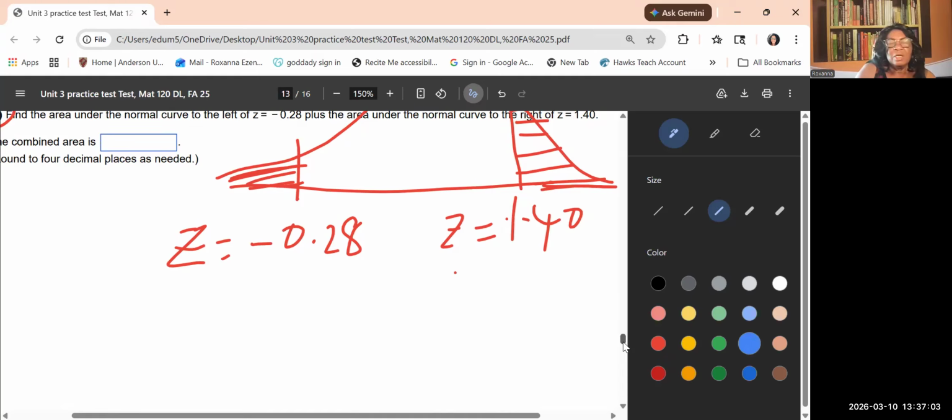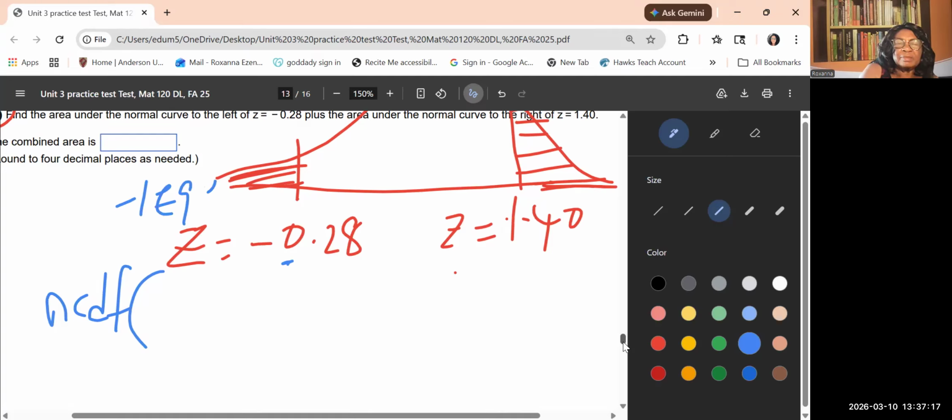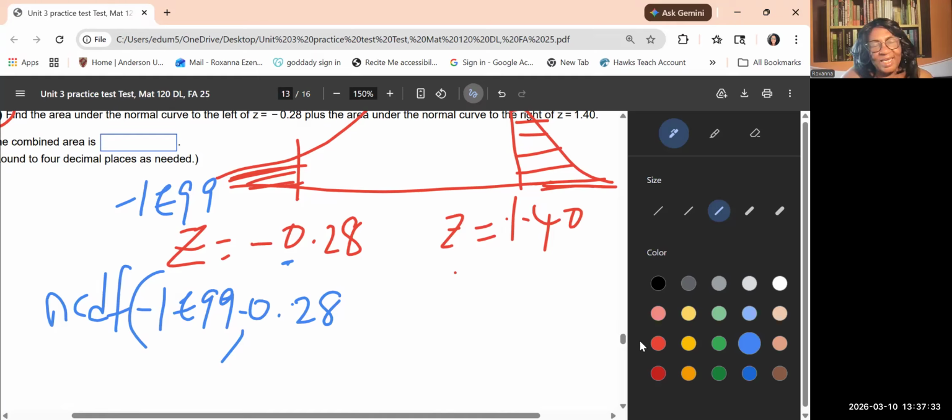So I will write normal cumulative density function. Area to the left of this, it is the left. Therefore, this is negative 1e to the power 99, and the upper bound is negative 0.28. I wanted to know that negative infinity is lower than negative 0.28.